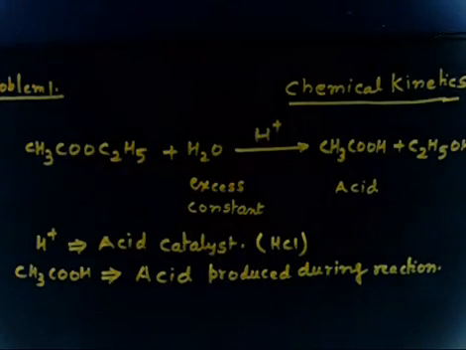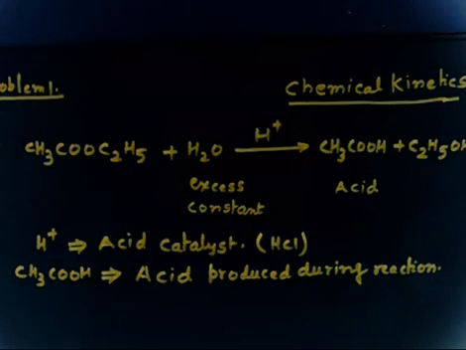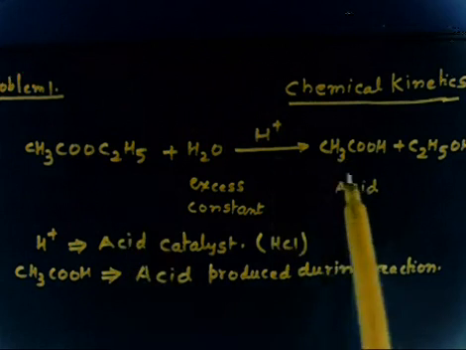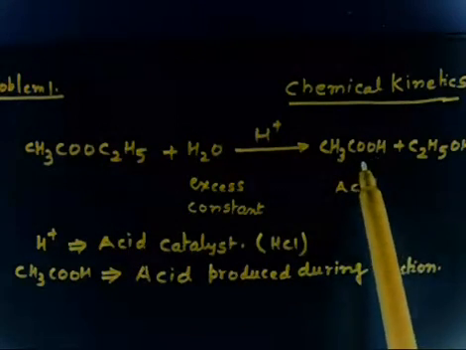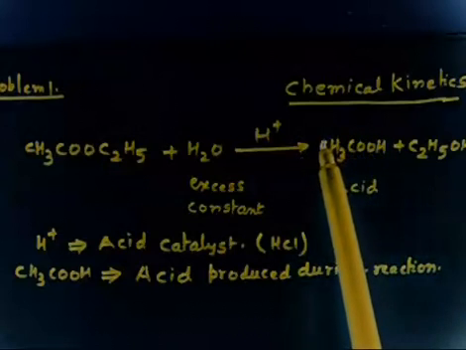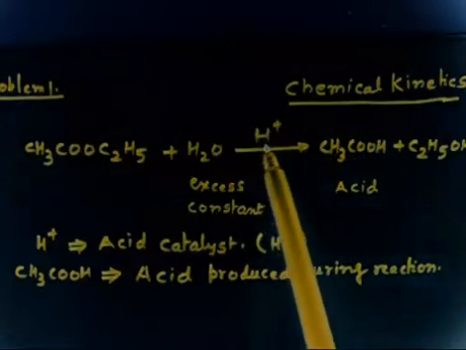Now reaction progress can be measured by calculating the concentration of total acid at any time t. So you see what will happen if this reaction goes this side. If time goes up, the concentration of acetic acid will increase, and the H plus is constant.